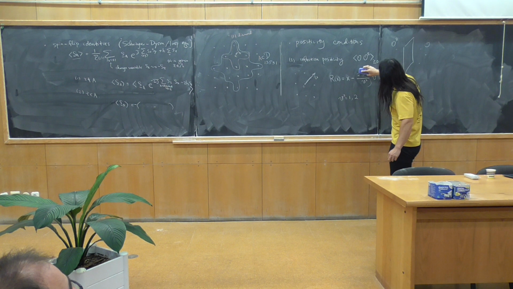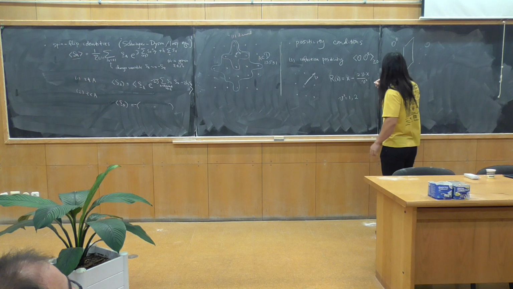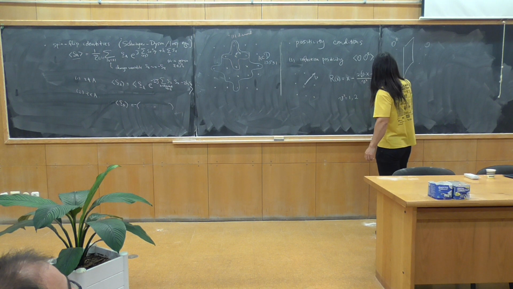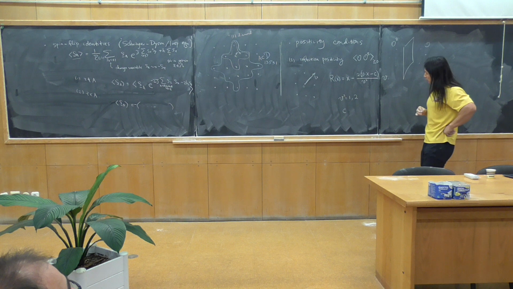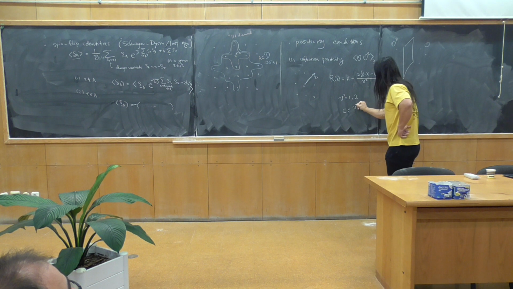There's a slight variant of this where you shift by a constant c. Once again, for this to lie in the lattice, c has to be an integer multiple of v squared over 2.